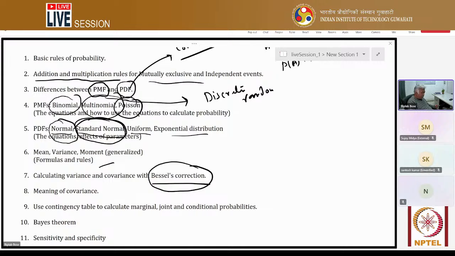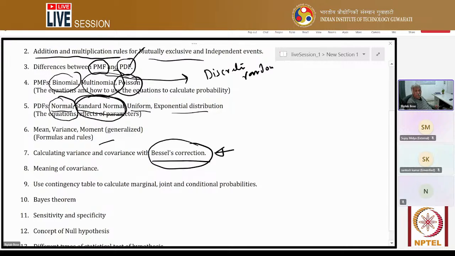So these things you have to learn, because this is elementary thing which will be used day and night, any quantitative study you do. Not just biology, any quantitative study you are doing, you will be using calculating mean, variance, and covariances. So you should know how to calculate them, how to correct them, and why to correct them. That is the most important, that why I'm correcting, right? So this we have to know.